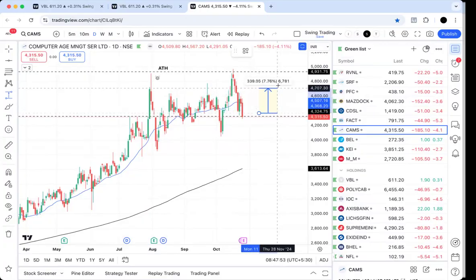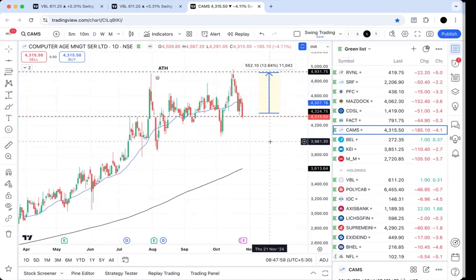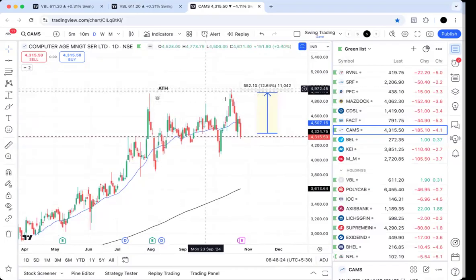And then what can I expect? Well, let's see. To the all-time high, that's about 12 to 13%. Look at that. Some of you may want to wait until that point to sell, and some of you may want to sell at the end of the month. What I'm doing is, at the end of the month, I want to sell about 3/4 of my holdings that I put into it, and then watch and see if it continues to move up again without being resisted by the all-time high.